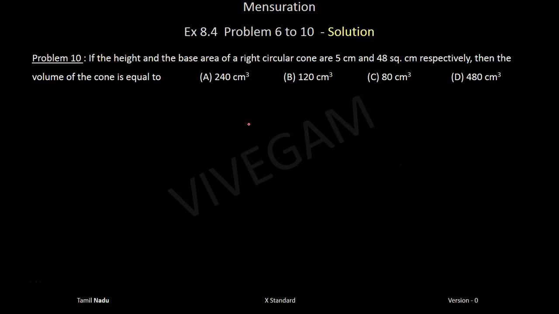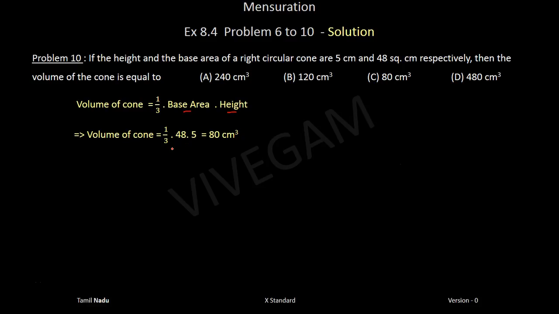If the height and the base area of the right circular cone are 5 centimeter and 48 square centimeter respectively, then the volume of the cone is equal to, which is just the converse of the previous problem. So volume of the cone is 1/3 of the base area into height. They have given us a base area, they have given us a height. So substitute them in this formula and we get the volume of the cone.